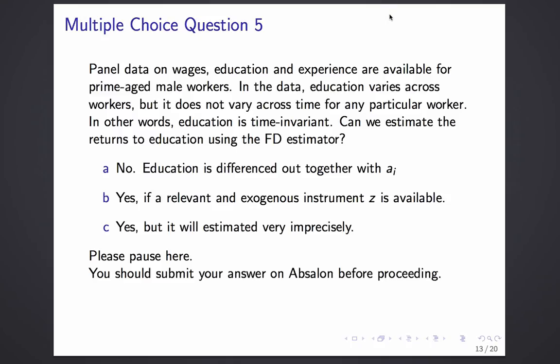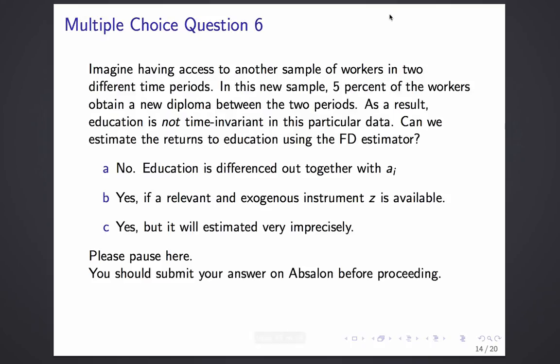Thank you for your answer. Let's move on to a related question. So imagine having access to another sample of workers in two different time periods. In this new sample, you're told that 5% of the workers obtain a new diploma between the two time periods. As a result, education is not time invariant for this particular data. The question is, can we estimate the returns to education using the first difference estimator?